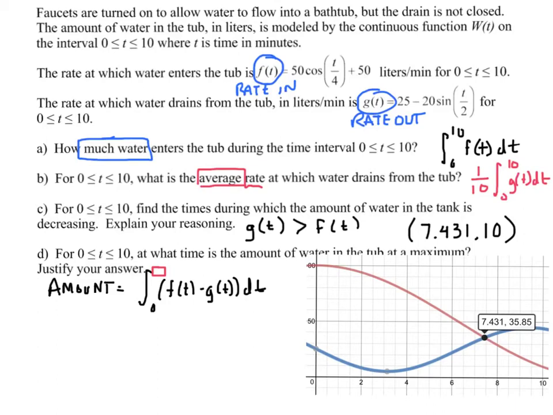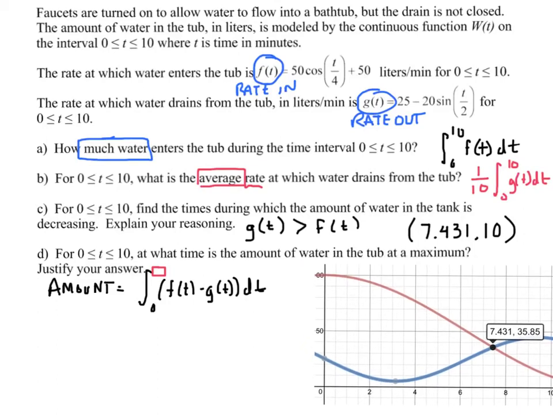Well, if I want the maximum amount, remember maximums occur at endpoints or critical points. So you'd say, well, the endpoints of my interval are time 0 and time 10. And the critical points, well, critical points occur when the derivative is 0.